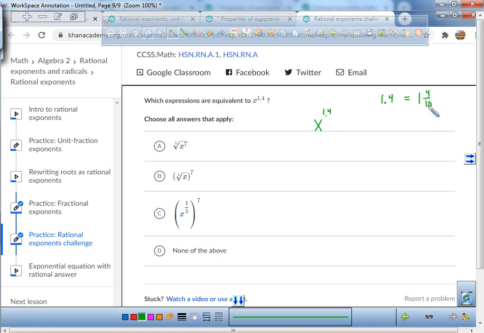Now, 1 4/10, you can reduce the 4/10 to 1 2/5. And if you want to change that to an improper fraction, just multiply that by 5, add the 2, and that becomes 7 over 5. So x to the power of 1.4 is the same as saying x to the power of 7 over 5. Now, if you have a calculator, you can just do this.